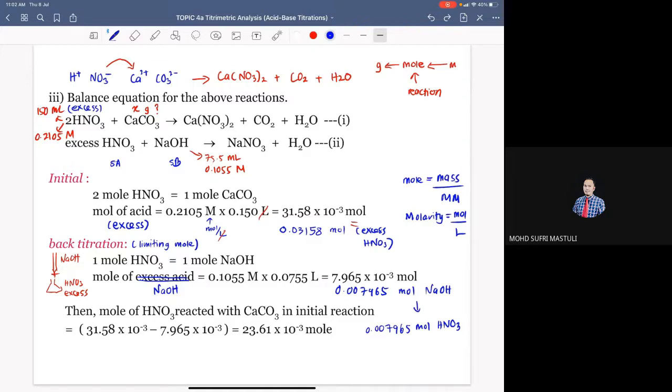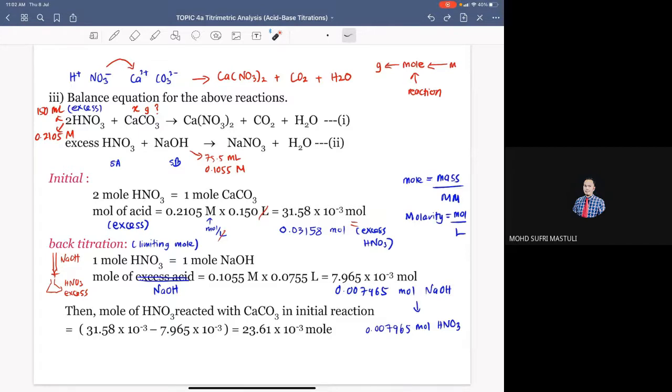In order to calculate the limiting mole, take the mole of nitric acid in excess minus the real mole reacted in the titration.